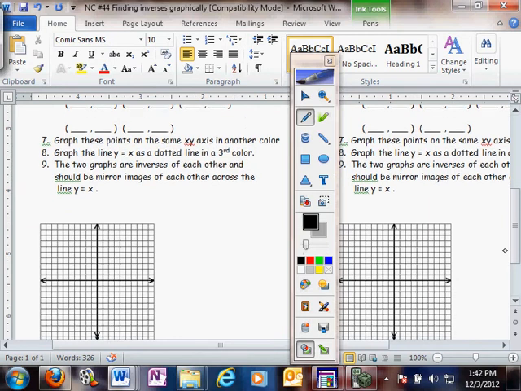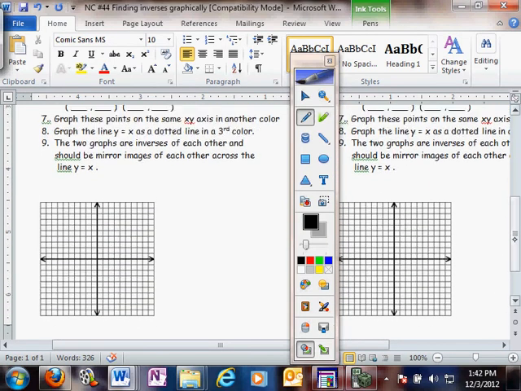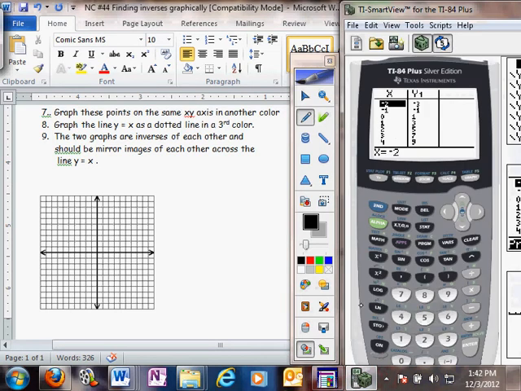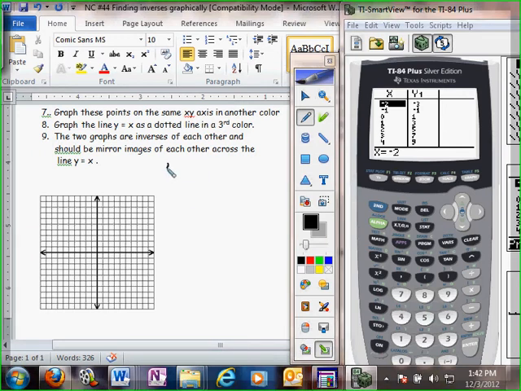I'm going to skip down a little bit so I can bring my graph up to view. So for number 4, the ordered pairs that I'm going to write on the blanks on your note card are -2, -3, -1, -1, 0, 1, 1, 3, and 2, 5.